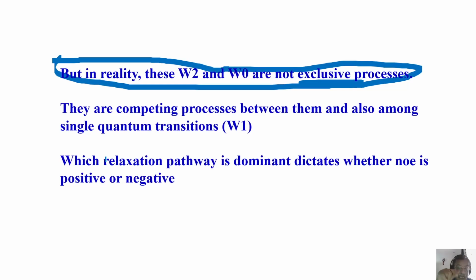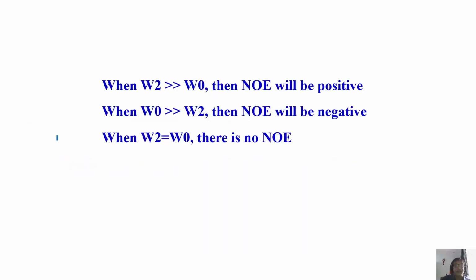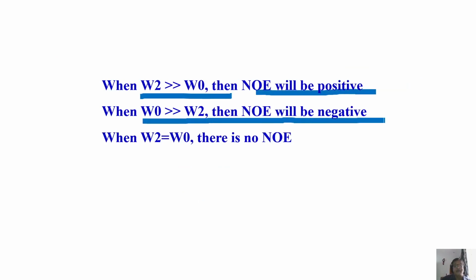Now, observation of the NOE, detection of NOE in your sample depends upon which is the dominant relaxation pathway for you. If W2 is the dominant relaxation pathway, much greater than W0, then NOE will be positive. If W0 is greater than W2, then NOE will be negative. If W2 is equal to W0, no NOE at all.